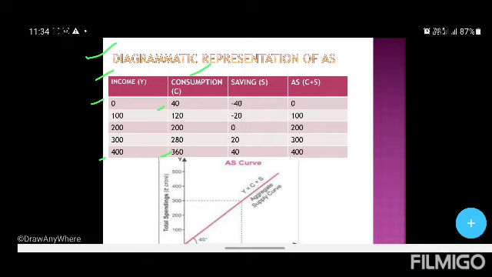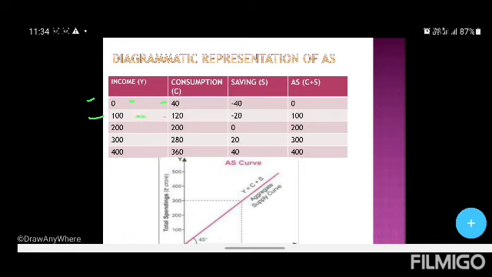On the other hand, if we see, the saving is first negative, it becomes 0, and then it is positive. Why is this so? Students, you can see that at the level when the income is less than consumption, when income is 0, consumption is 40. When income is 100, consumption is 120.